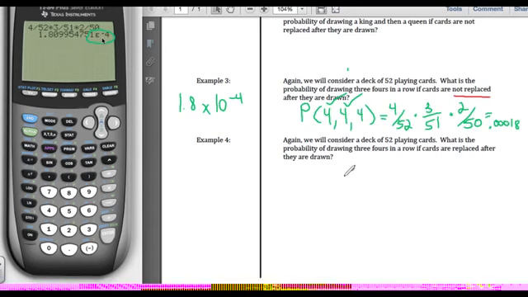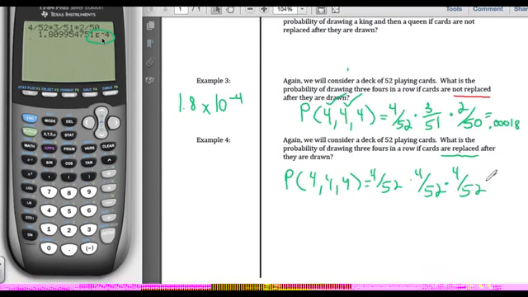Example 4 is almost identical. We want to get 3 4s in a row, except this time the cards are replaced. Probability of a 4, 4, and a 4 this time would be 4 out of 52 times 4 out of 52 times 4 out of 52.